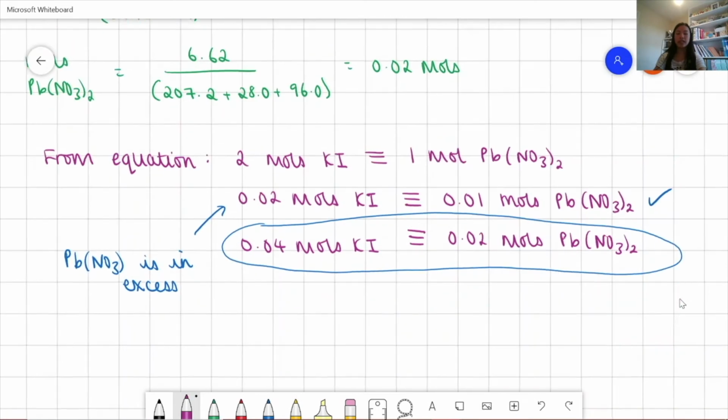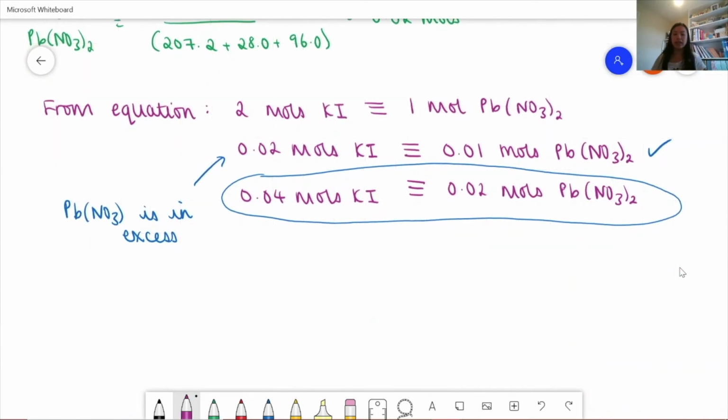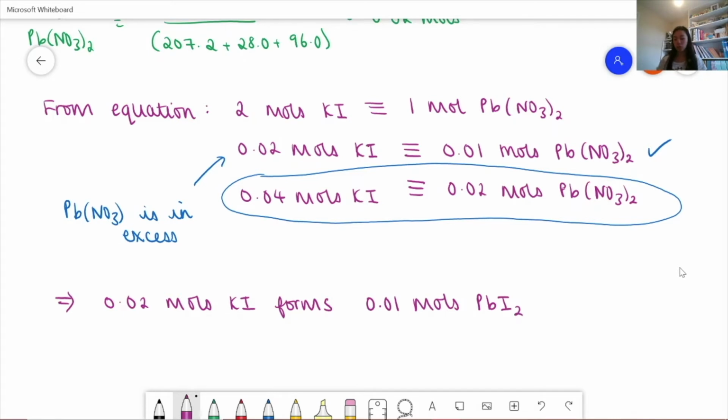And so we're reacting 0.02 moles of potassium iodide, and this will form 0.01 moles of this lead iodide because it's a 2-to-1 ratio.